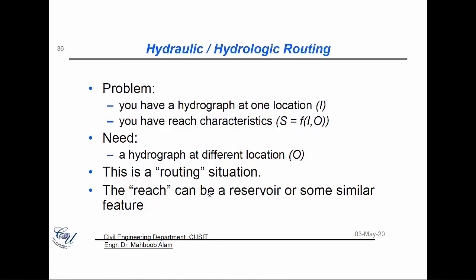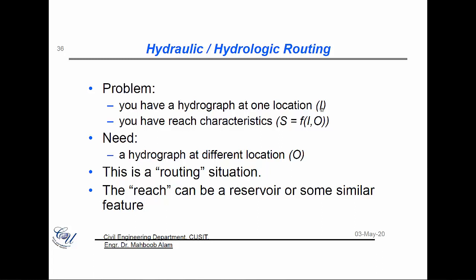No matter what kind of routing technique we use, we would be having a hydrograph at one location. So let's say the inflows. Hydrograph is basically the inflow. Yeah, hydrographs, we said that x-axis has time, y-axis has the discharge value. So this would be our inflow. So inflow would be known, and also you would be having certain characteristics known to you.